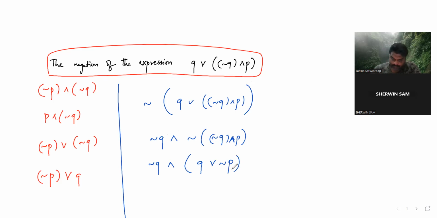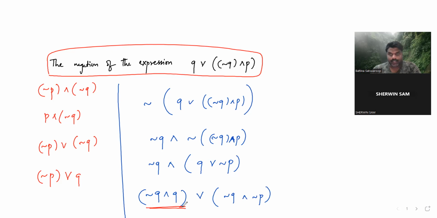Correct? Yes, sir. Now this is in the form of A and (B or C), right? Distributive law you will apply. So this is negation of Q and Q, or negation of Q and negation of P. Negation of Q and Q, what will happen?